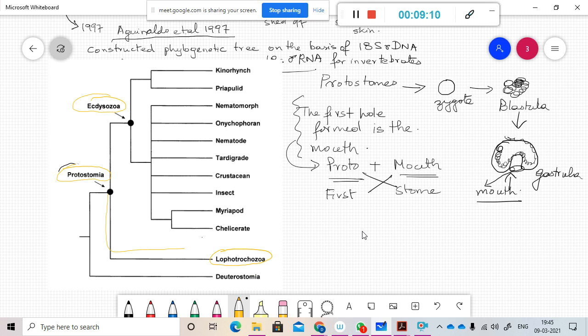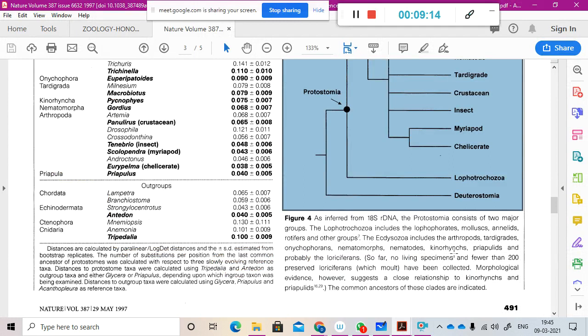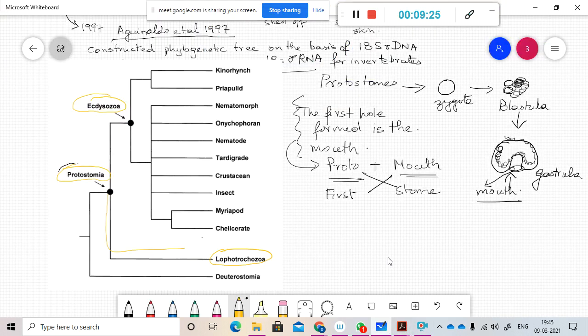So the Lophotrochozoa includes the mollusks, annelids and rotifers, which are also similar organisms.